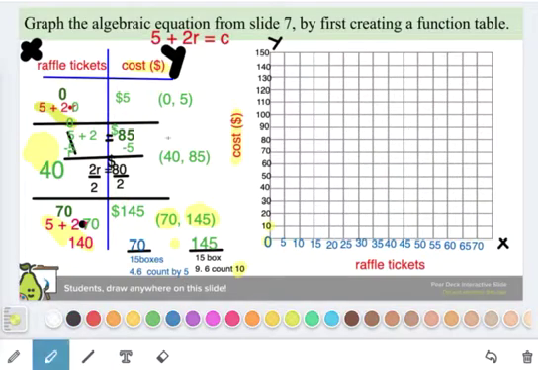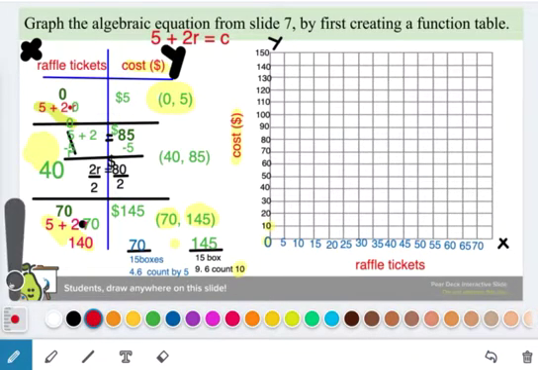So I am graphing this one here, 0, 5. So 5 is right in between the 0 and 10, so right there. I'm going to do it in red so you can see better. Make this a little bit smaller so it's not overwhelming. It's right in the middle between 0 and 10, that's 0, 5.